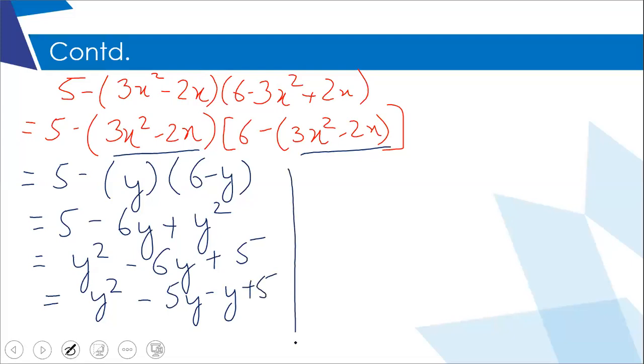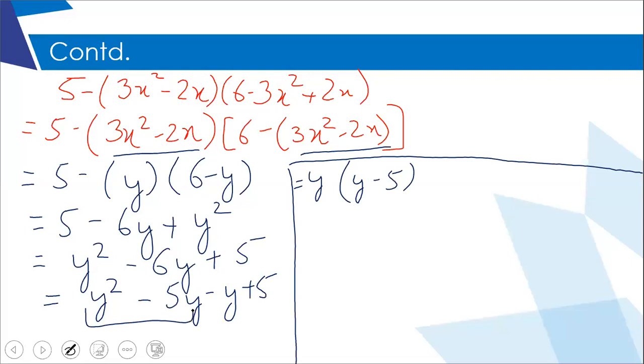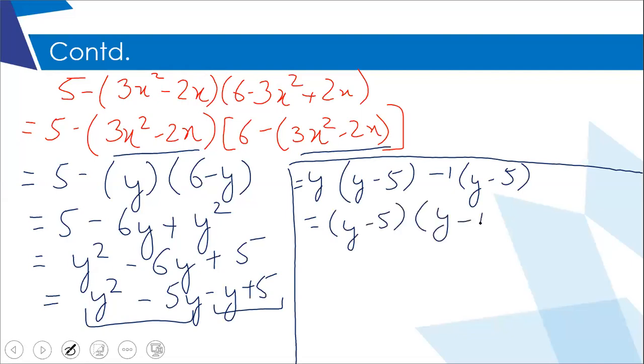After that, I will take y common and y minus 5 from the first two terms, and from the next two terms I will take minus 1 common, so it is y minus 5. So either it is y minus 5 or it is y minus 1.